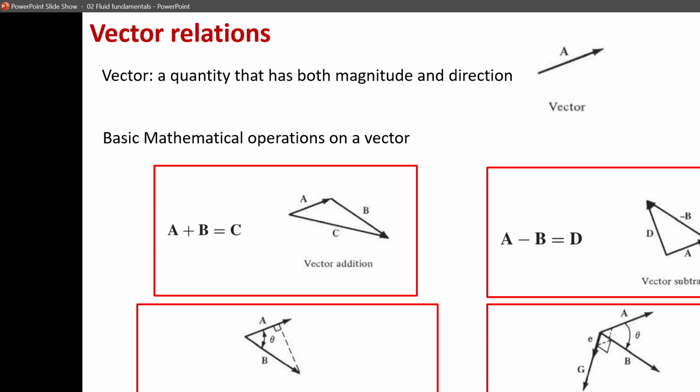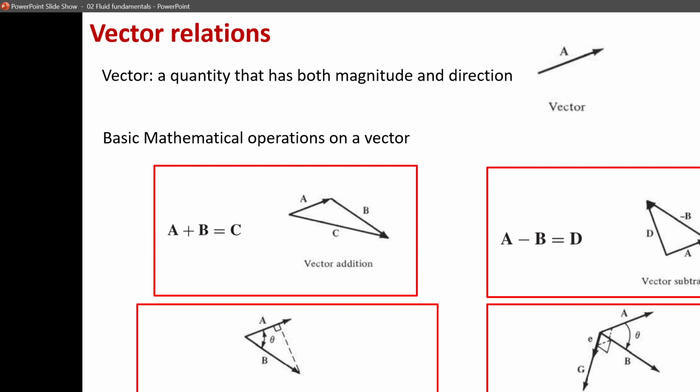So it's not a bad idea to do a very, very basic review. What is a vector? First of all, a quantity that has both direction and magnitude. So when we are talking about a vector, we are talking about something that has a magnitude and has a direction, like velocity, right? But temperature is not a vector; it doesn't really have a direction.